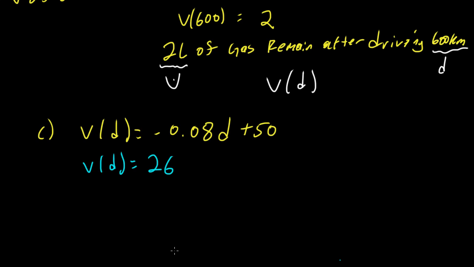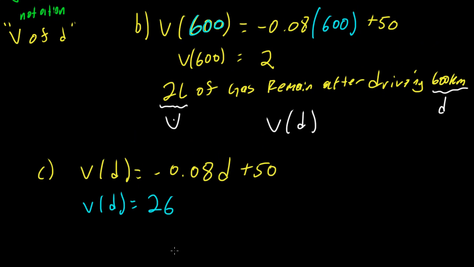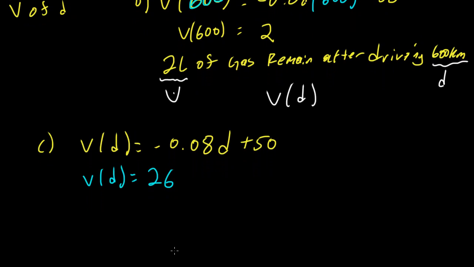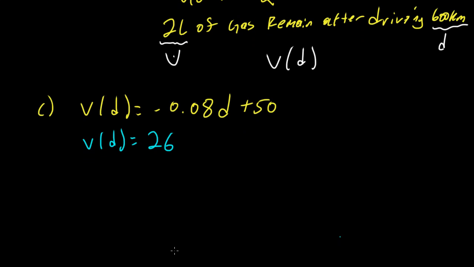This is a little bit different from before because we don't actually have our independent variable. We have our dependent variable, what our function is, 26, but we don't have what our distance, or independent variable, is.